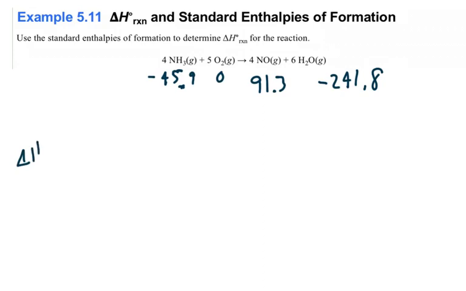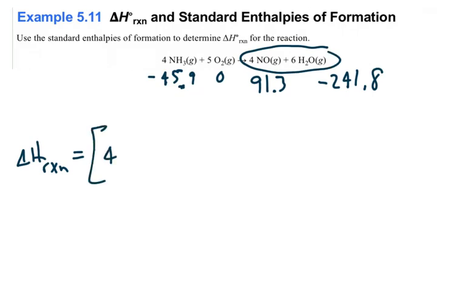To find the delta H of this reaction, let's get the sum of the products. There are 4 NOs, so we multiply 91.3 times 4, and then we add that to the 6 waters, so it's negative 241.8 times 6.